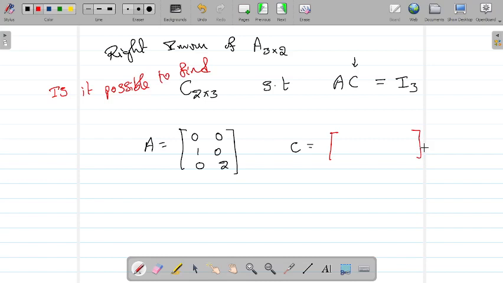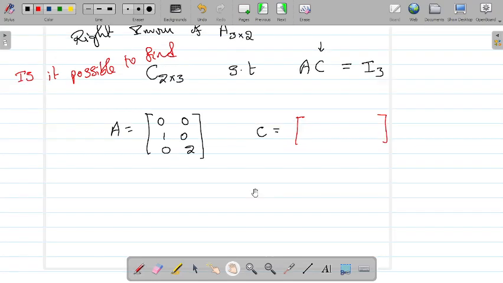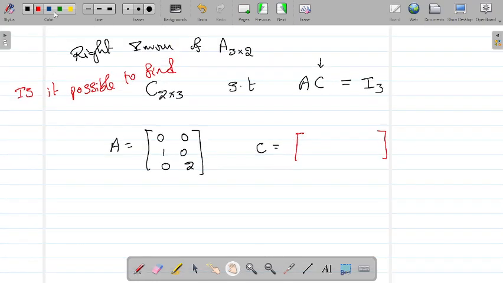Yeah, that's a good observation. Since the first row of A is 0, whatever matrix you take, when you take A times C, the first row is 0 times the first row here plus 0 times the second row here, which definitely gives me a 0 row.